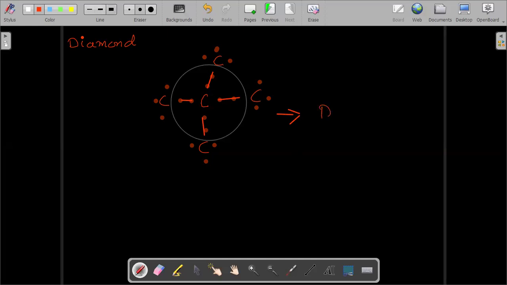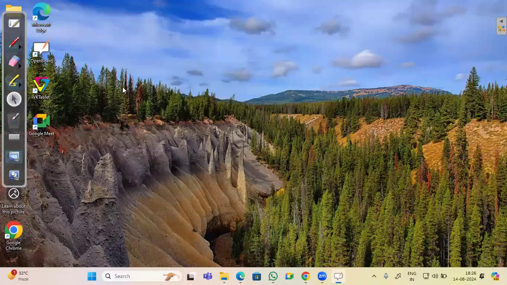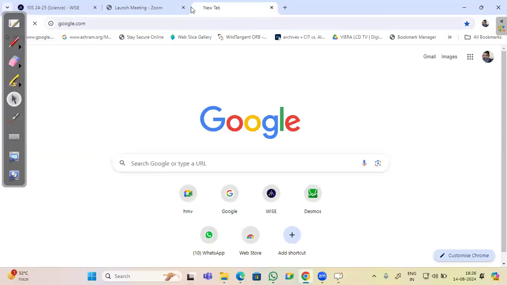So diamond has a tetrahedral structure of carbon, each carbon bonded to other carbon atoms, giving rise to a tetrahedral structure. So see how it looks. I show you a tetrahedral structure.